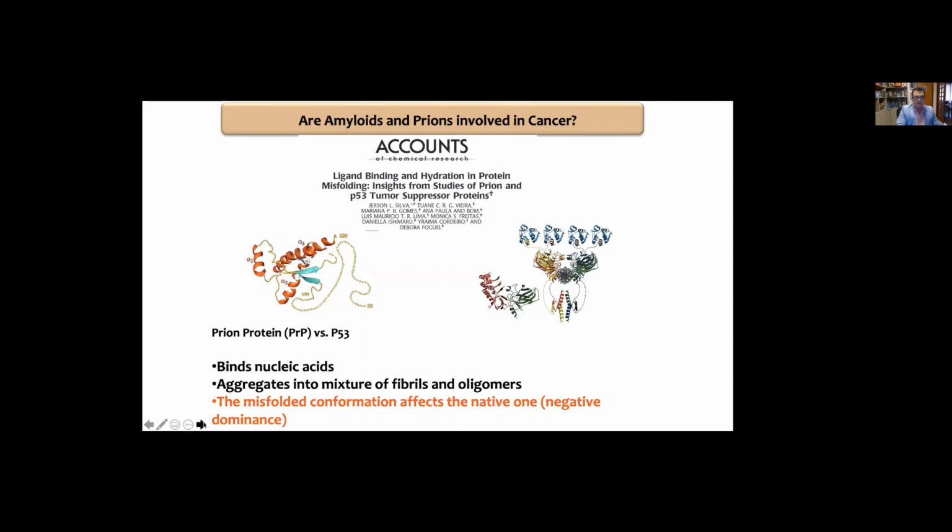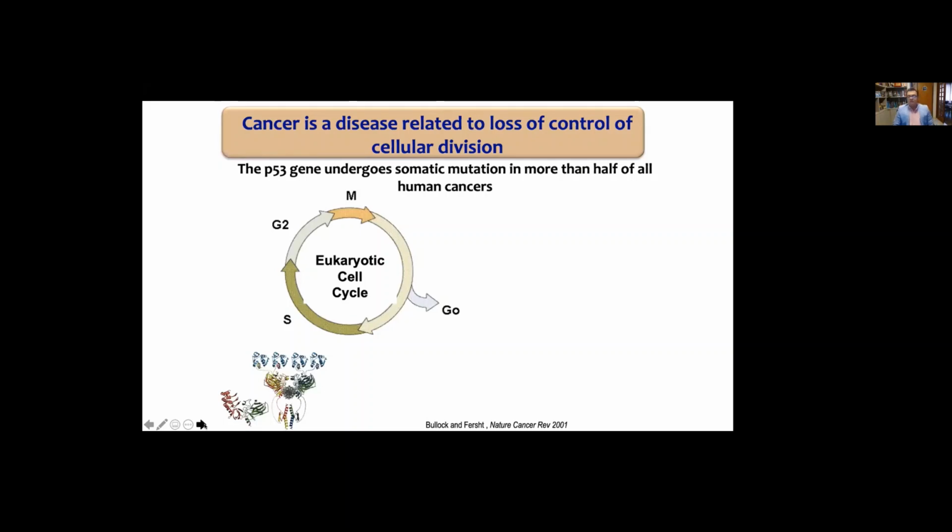We found that it also aggregates into amyloid, initially amyloid oligomers and fibrils. Of course, p53 is related to cancer; it is a tumor suppressor protein that is very important to control the cell cycle.